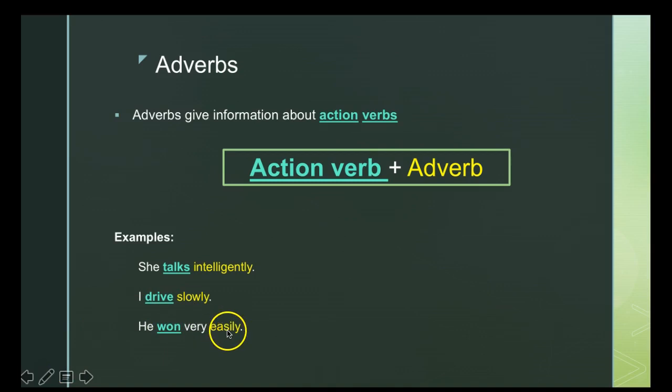He won very easily. Win is the action verb. Easily is the adverb. You dance well. Dance is the action verb, and well describes how you dance.